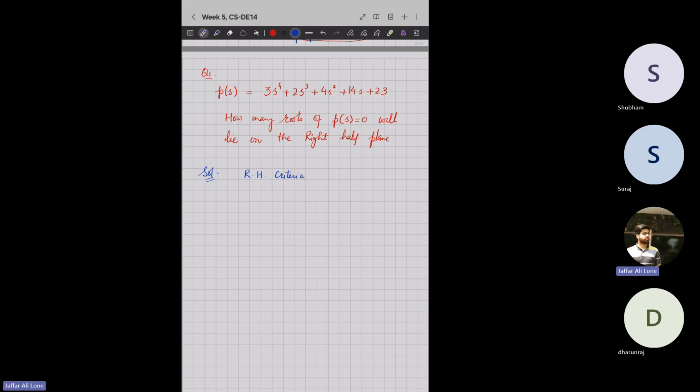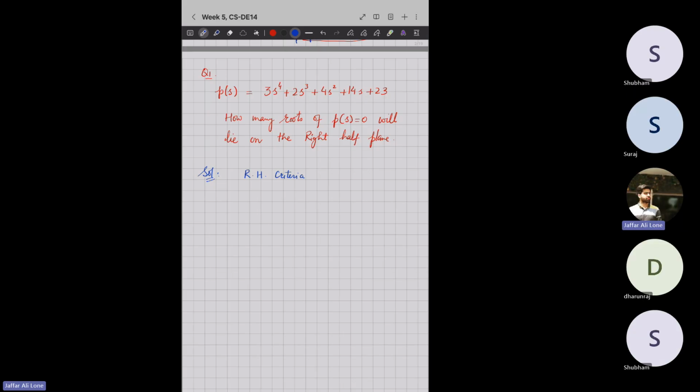So what is RH criteria? In RH criteria, we find the location of the roots of the characteristic equation. We do not find exactly the roots, but RH criteria gives us the location of the roots. So we know if the roots are in the right half plane, then my system is unstable.